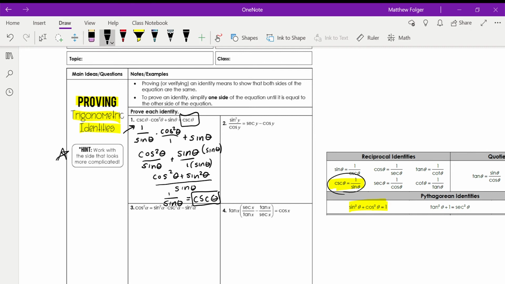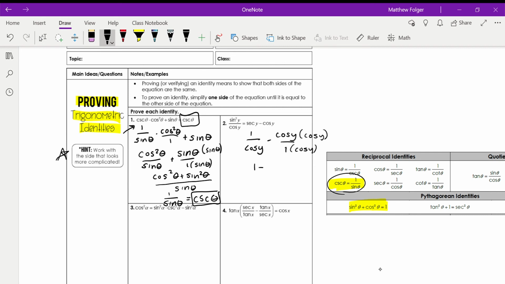So let's take this right side and simplify it into sine and cosine to start with. So we have 1 over cos y, and then minus cos y, and we can put that over 1. Now how do you combine two fractions? Well, you make a common denominator. Cos y on the bottom and cos y on the top. So what do we have?